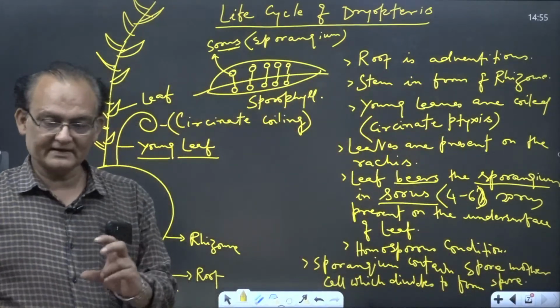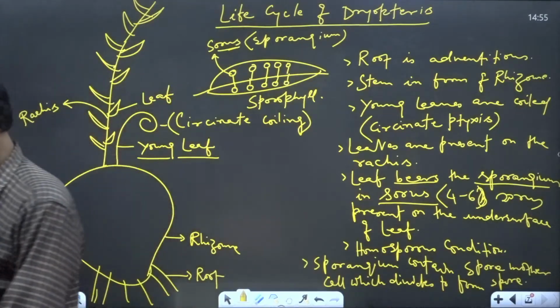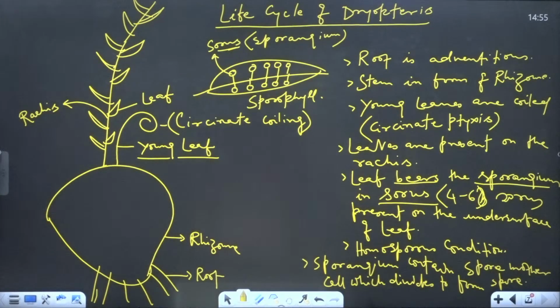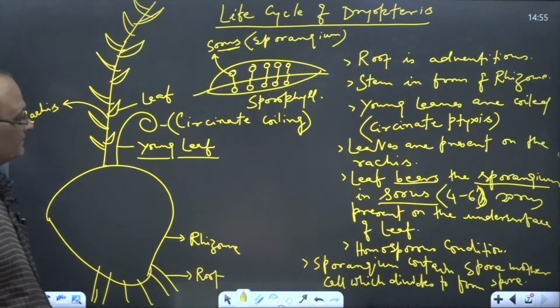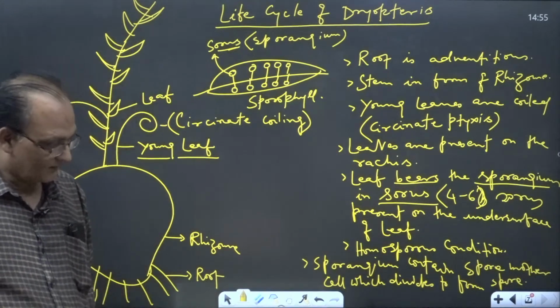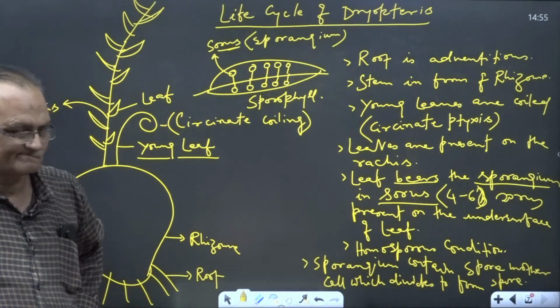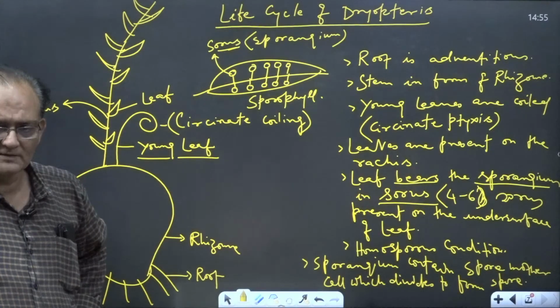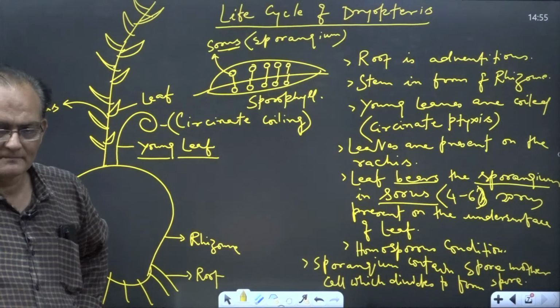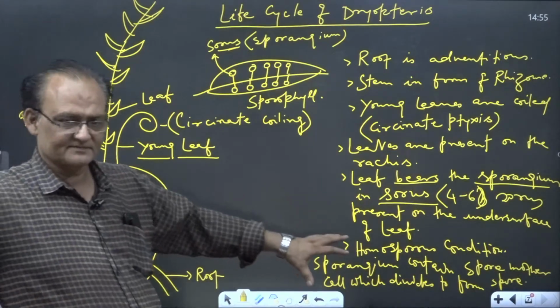So, spore is a haploid structure, right? Is it clear this much?